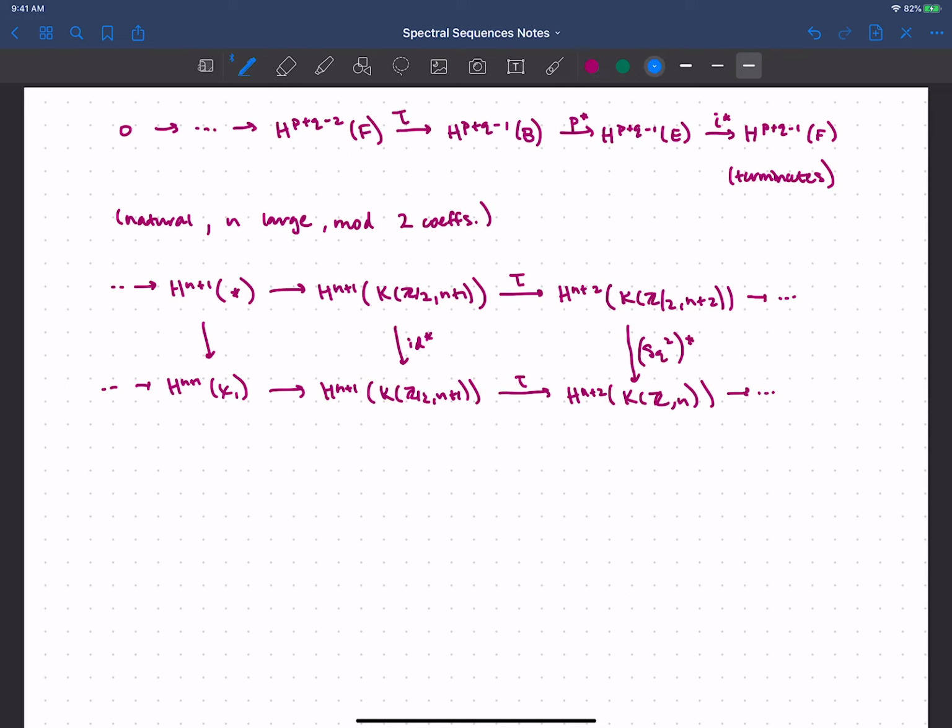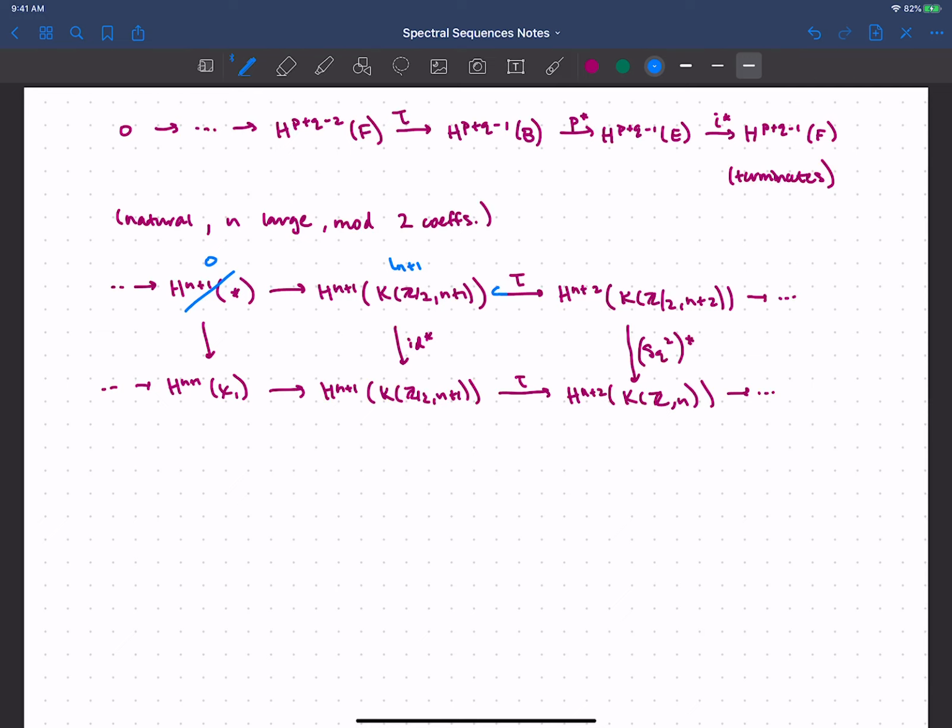And now let's fill some of this stuff in. So I know that this is 0. It's just the cohomology of a point. And over here, I've got that fundamental class, iota_{n+1}. And then because this was 0 and the sequence is exact, that's injective.